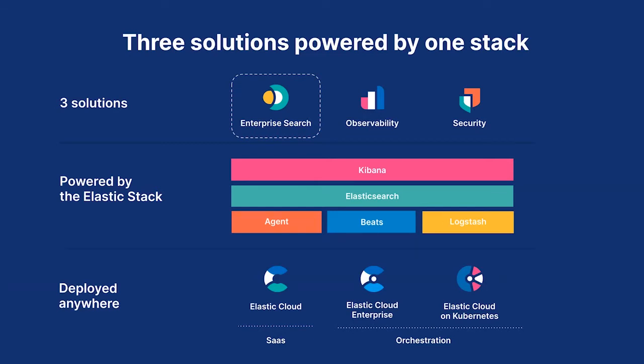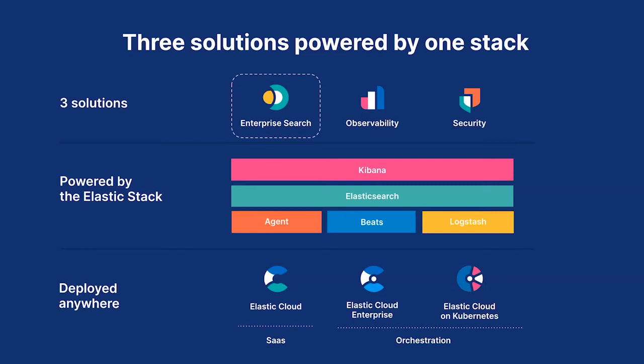From a deployment perspective, we've got a variety of offerings. The most natural fit is Elastic Cloud, which is a SaaS platform, which we run on the three major hyperscalers, which is Azure, GCP, and AWS, across multiple regions across the globe. We also have a couple of orchestration platforms. We have got Elastic Cloud Enterprise, and we've got Elastic Cloud on Kubernetes.